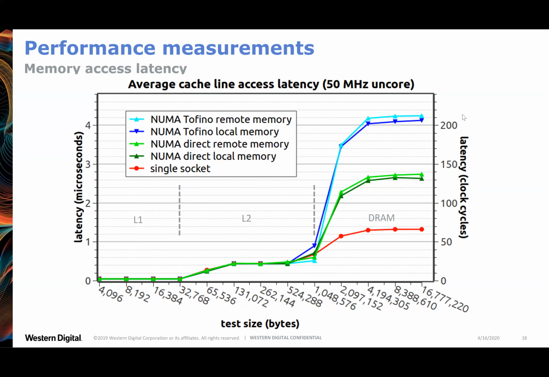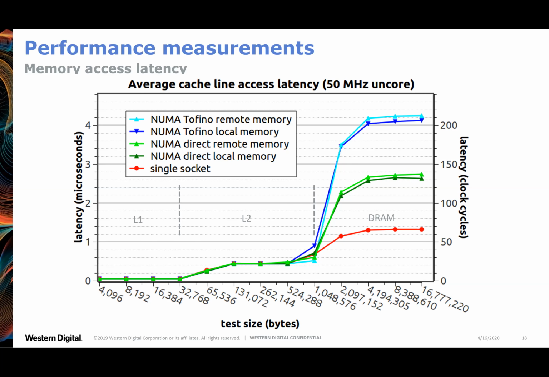And you can set this up in three different ways. You can set it up as a single board, so that's the red line on this plot. Or you can hook up two boards back to back with an Ethernet cable. Those are the two green lines. And then you can go through a switch, so you can connect two boards to an Ethernet switch. Just any off-the-shelf switch works, or you can use Barefoot Tofino, like in this plot.